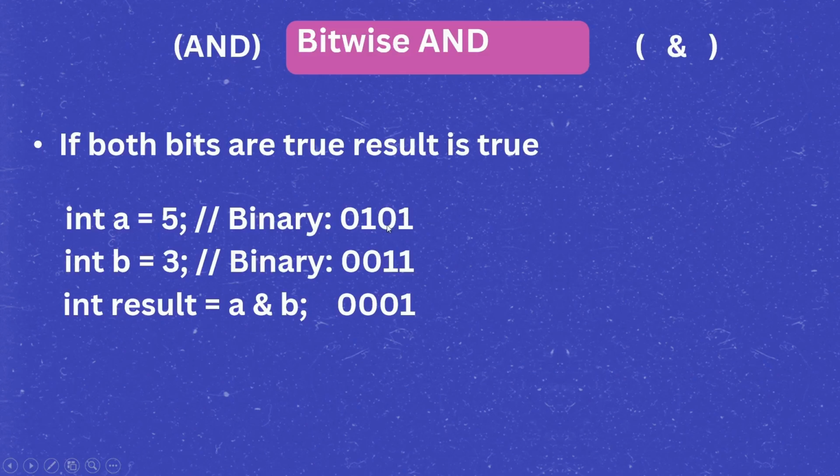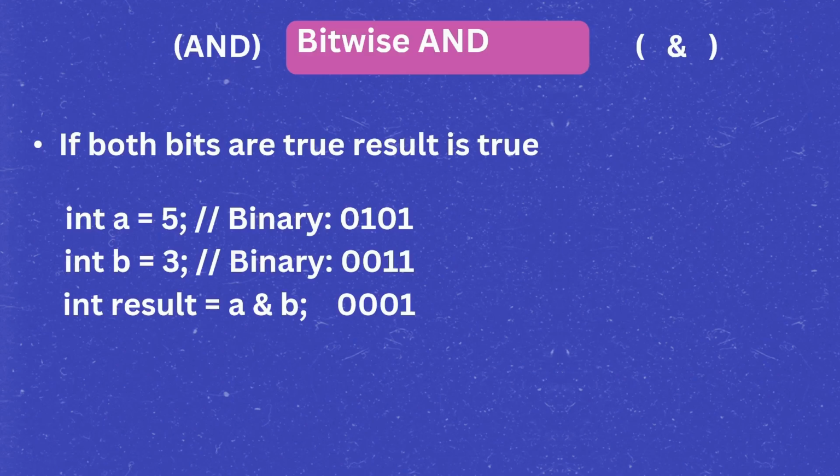Over here, both bits are not true, right? One is 0, one is 1. Same here, both bits are not true. One is 1, one is 0. So the result is 0, 0. Now the last bit, both the bits are 0, so the result is 0. So what do you get in output? Do you get this 0001? No, you do not get this, but you get an integer representation of this value.